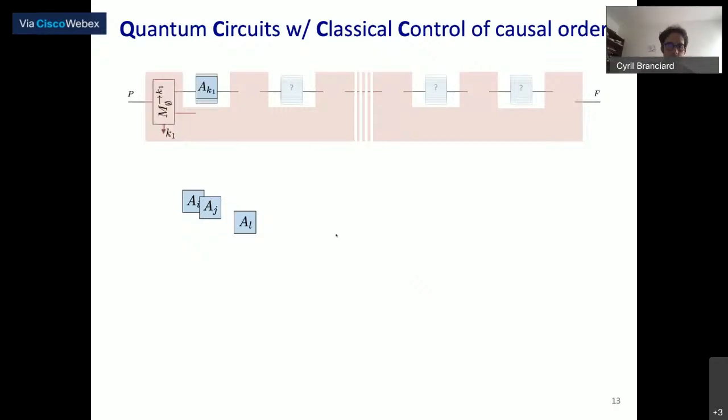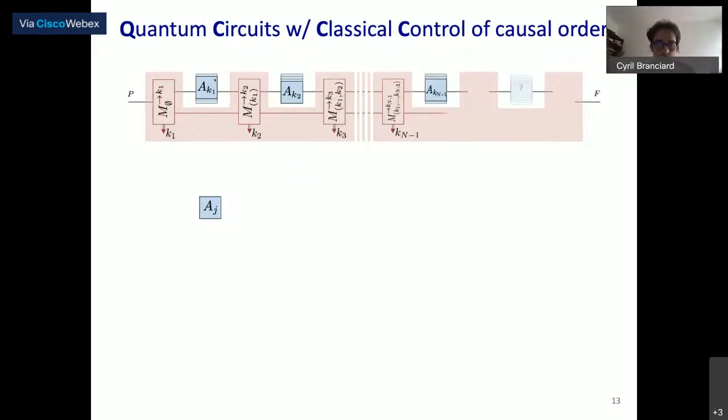As we use the circuit, there will be this first internal operation, which is no longer just a CP-TP map, but which will output some value of some parameters, which will tell us which operation to use and to plug into this first time slot. And then we use the circuit again. There's this second internal operation that tells us which operation to plug in at the second time step, and so on.